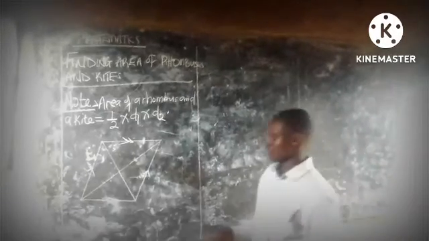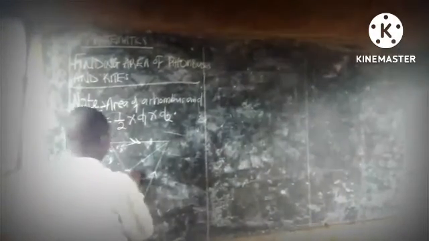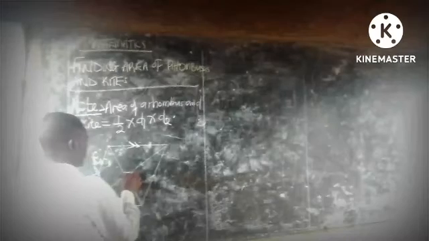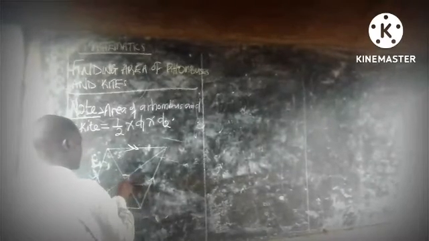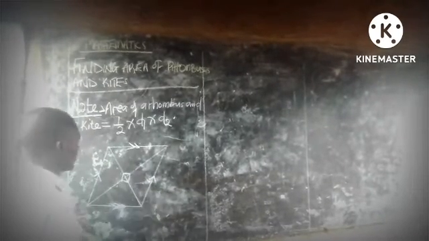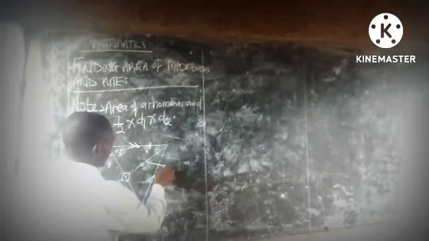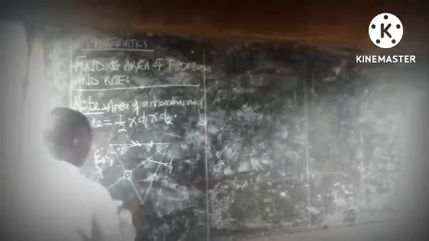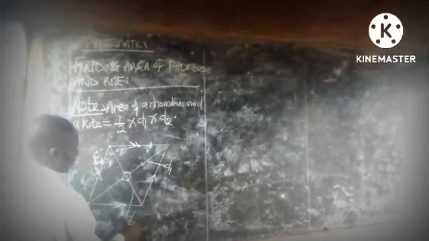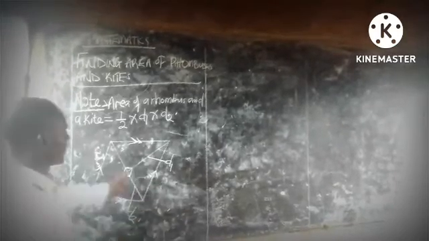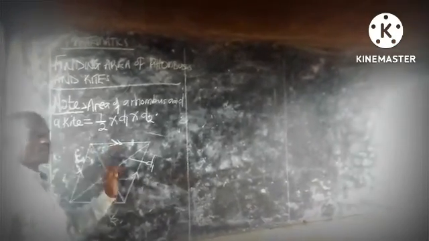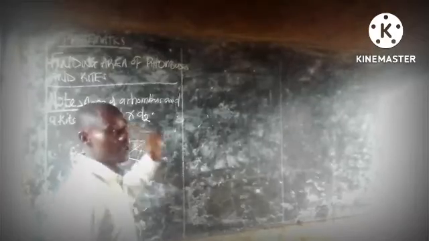So they form a right angle at the center. When you look at this, you find that they are meeting at right angles. So this one here is diagonal 1, and this one is diagonal 2. So when they give you the diagonals, you just substitute using this method.